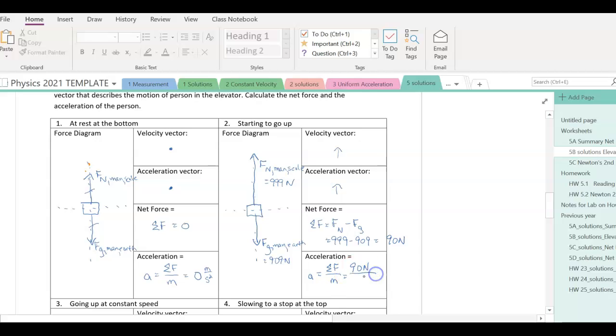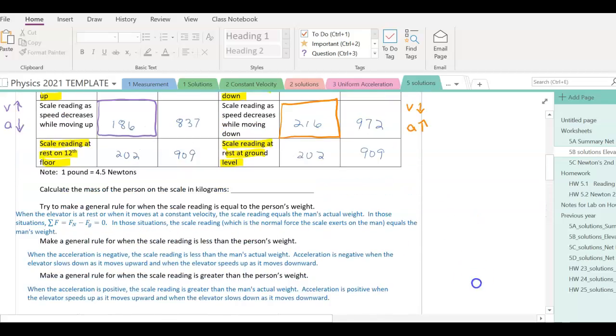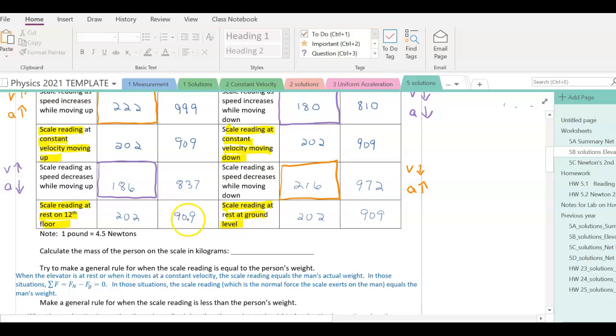It just occurred to me, I don't think we've calculated his mass. Let's go do that. So we were supposed to do that back here. So remember that force of gravity equals the mass times acceleration due to gravity at the location. So the mass is the force of gravity divided by g, so it would be 909 newtons divided by 9.8 newtons per kilogram.